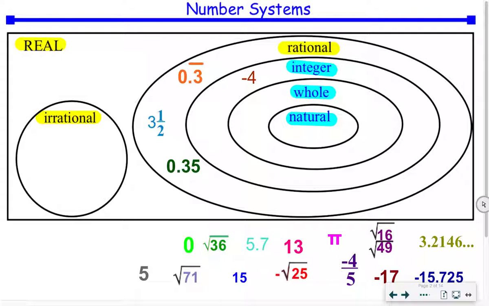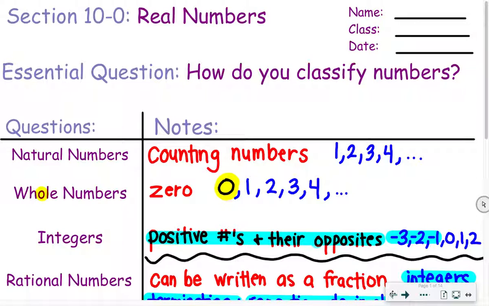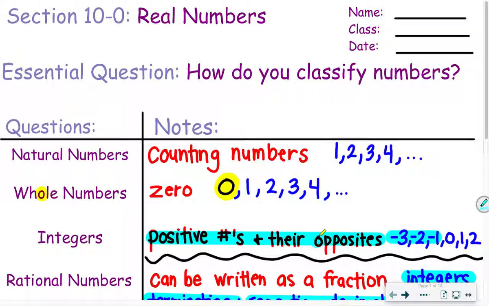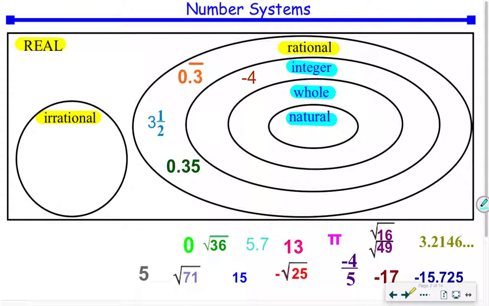All right, the number 5. So the number 5 is just a counting number. That's the first place we see just your basic numbers, counting numbers. So I am going to bring that counting number to the natural category. Again, it could go under more than one, but we want to bring it to the innermost.